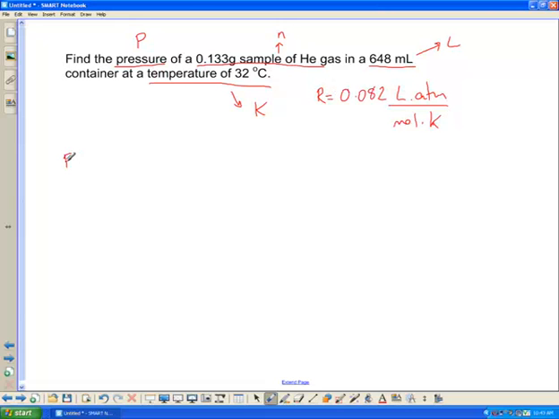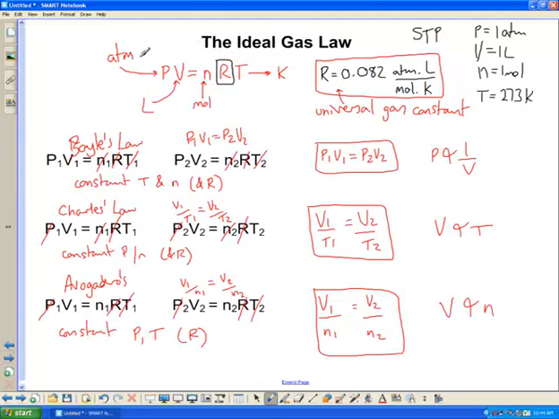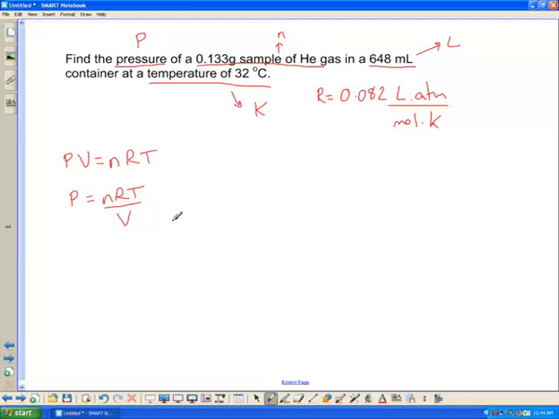So we know the ideal gas law looks like this: PV equals nRT. And we are solving for P. So we know therefore the formula that we're actually looking for to use is this one. But I also said we have to make sure our units are all converted into the correct ones. So pressure is what we're looking for.